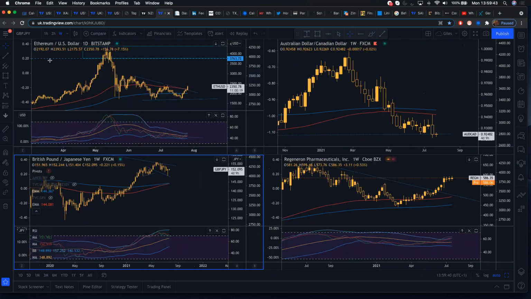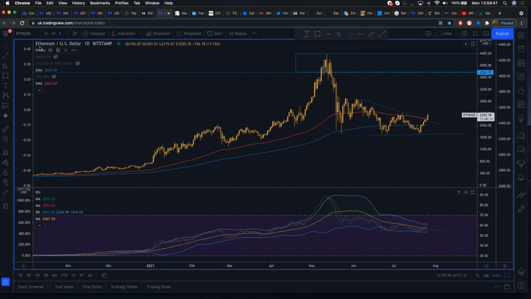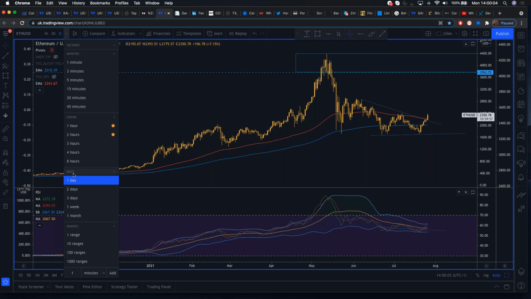There is also a very interesting move higher in Ethereum. Now, what's been going on in Bitcoin is that Jeff Bezos has been rumored to maybe start accepting Bitcoin payments on Amazon. Remember, when Bitcoin rises, Ethereum tends to rise with it as well.